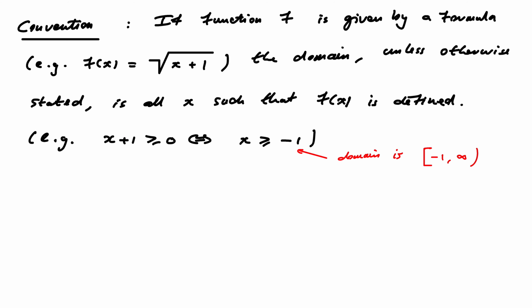Okay, but we will see examples where we have a formula and I say, okay, let's not take the full possible domain, let's restrict it to something. We'll see this kind of turning up a bit later on.